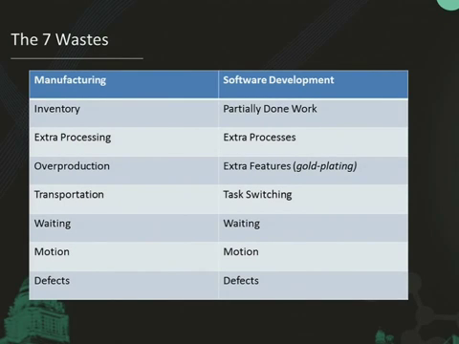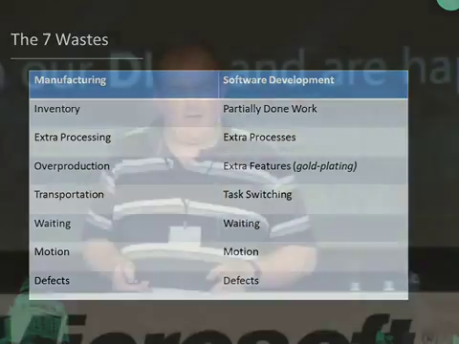Lean manufacturing has the 7 wastes of manufacturing, and they're the ones down on the left. And what Mary and Tom Poppendieck did in their book on lean software development, they've mapped them to typical wastes in software delivery. So partially done work that needs refactoring, things like that, and they call that holding inventory. Things like extra processes, doing stuff that doesn't really add any value.